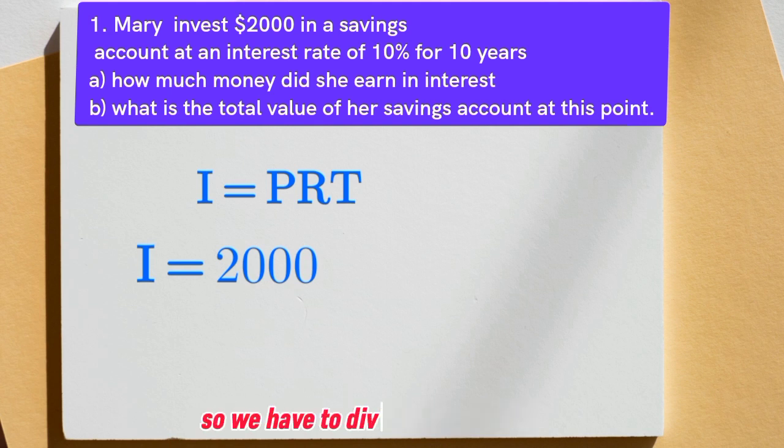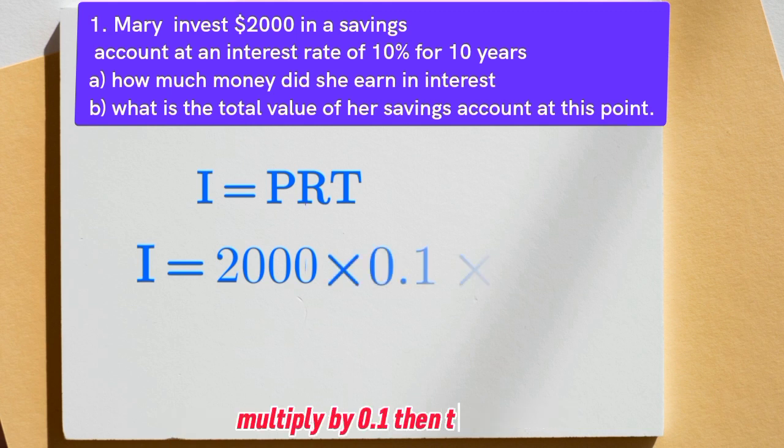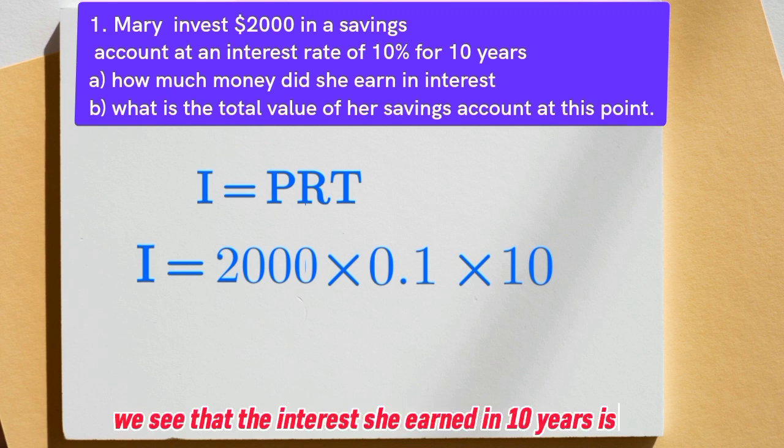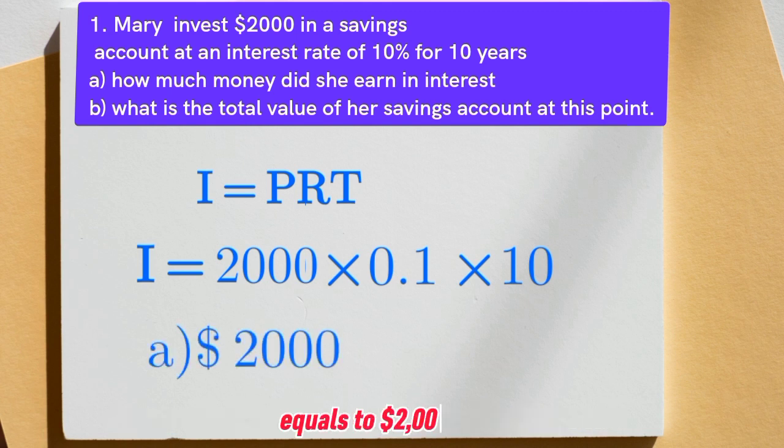We divide that by 100 and we have 0.1. So we have I equals 2,000 multiplied by 0.1 multiplied by the time, which is 10 years. Now when we solve this, we see that the interest she earned in 10 years is $2,000.